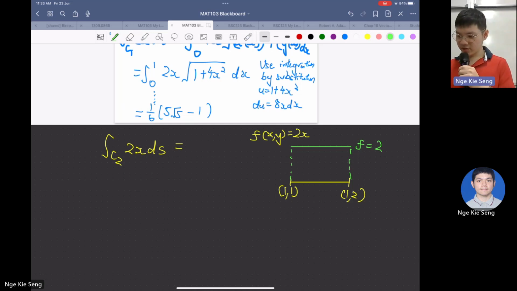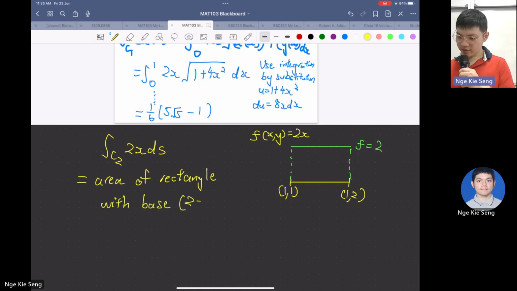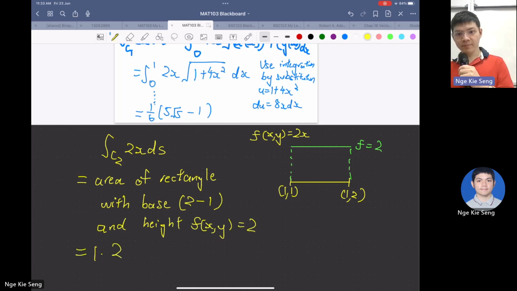So this is just equal to the area of a rectangle with width 2 minus 1 and height 2, which is 1 times 2.